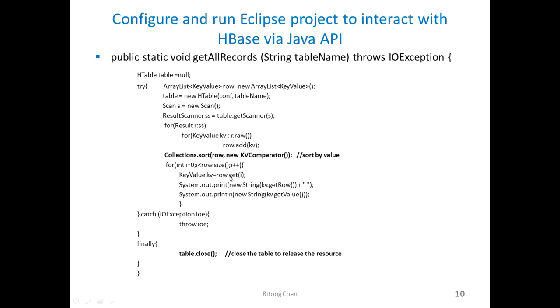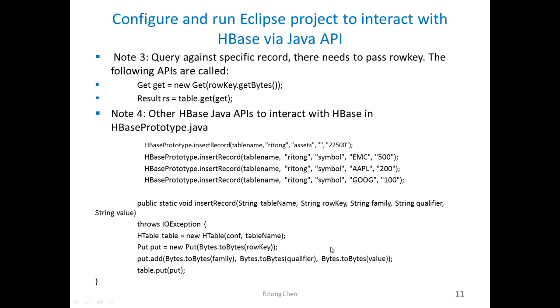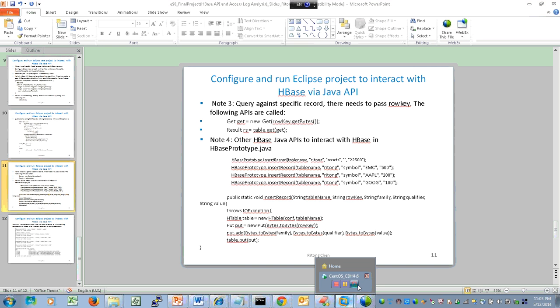And here, as highlighted, you can see I call the collection comparator, so you can sort by the value, and at the final step, you close the table and release the resource. Another one, if you want to query a specific record, you need to pass the row key. In this case, the row key is the file name.